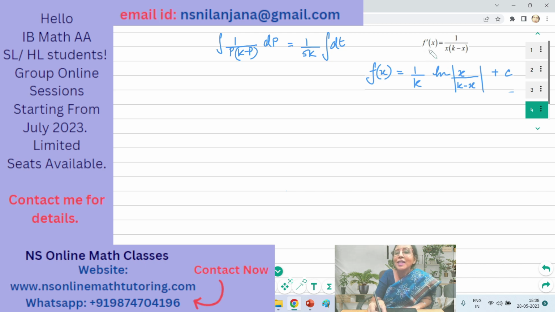So you see, this is f dash x expression, which is 1 over x times (k minus x). We are having 1 over p times (k minus p), and this is 1 over x times (k minus x). So the only difference is that we are having p in place of x. And after integration, we are having this expression. So I'll just be copying this expression. In place of x, I'll be writing p.